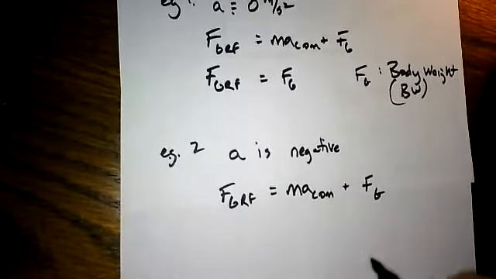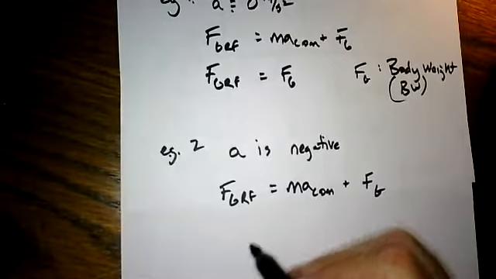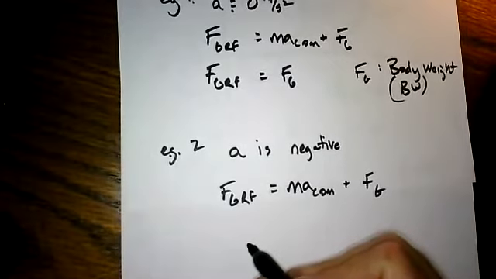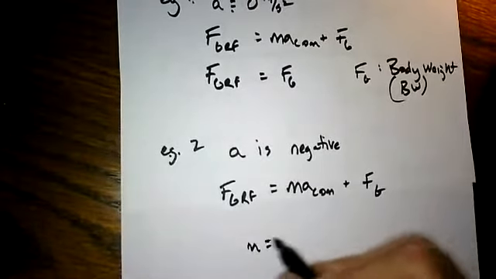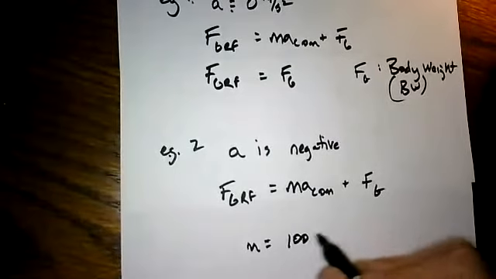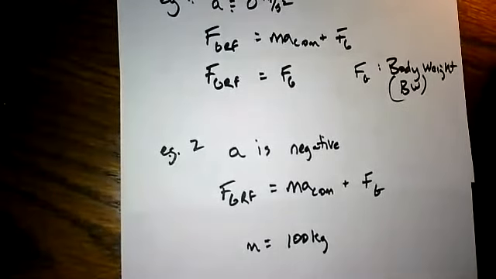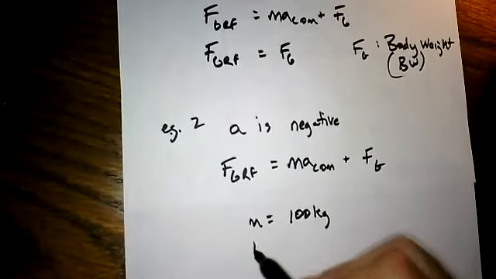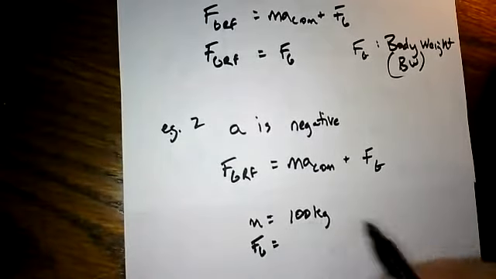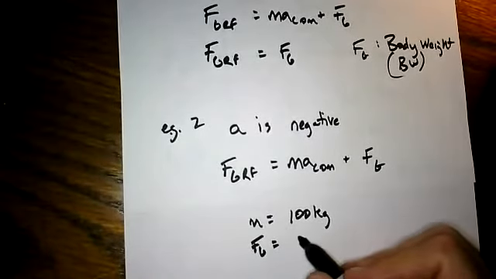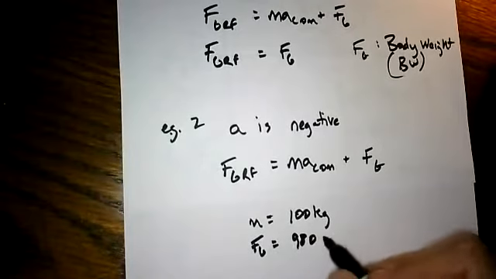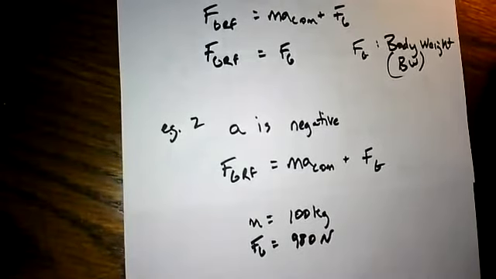Let me put some numbers in just to show you that. Let's continue with the example, and let's say mass is equal to, let's just round this up to 100 kilograms. It's a person bigger than me, and therefore F_G, technically it should be 980. Well, let me do it just not to be too lazy. F_G would be 980 newtons.